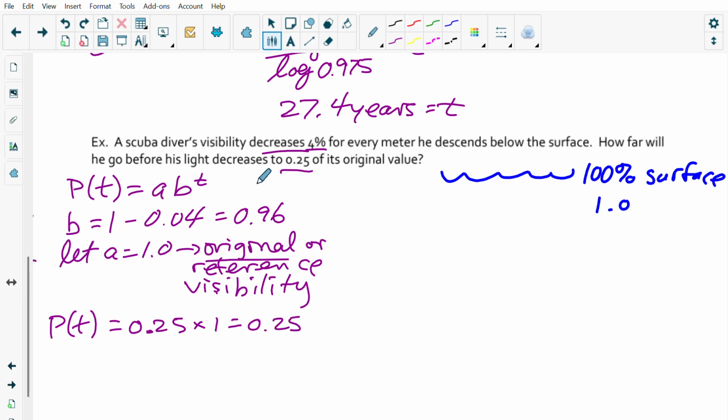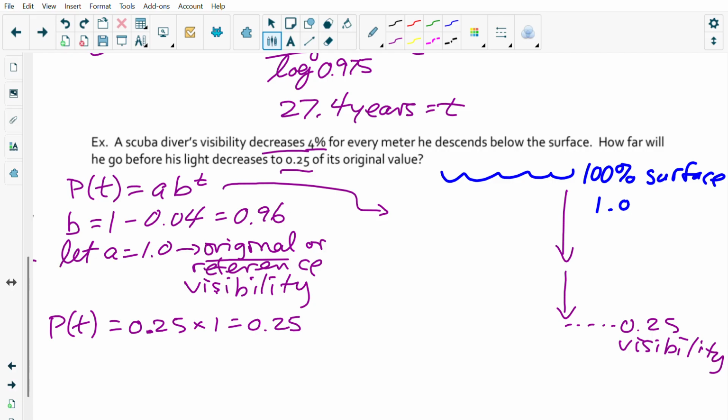So when I use my equation here, how far will we go down? So somewhere we go down, down, down. We're at 0.25 of our visibility. Okay, 1.0 visibility. So we're going to keep diving until we get to that point.